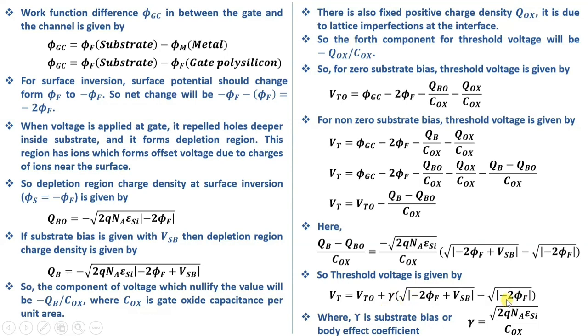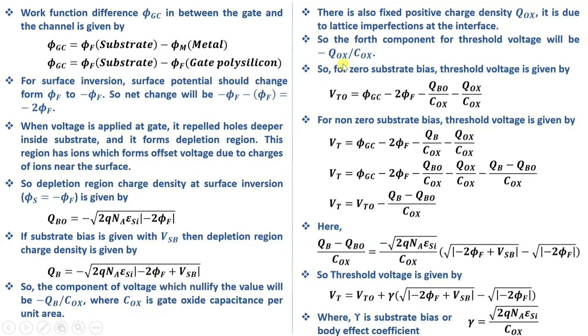So this is all about threshold voltage calculation. I hope that you have understood this video. It is based on four parameters. One is due to the work function difference. Second is due to surface inversion, which requires the surface potential to change from phi F to minus phi F, resulting in a change equal to minus 2 phi F. Third is when you apply gate voltage, there is a formation of a depletion region, and that depletion region forms ions which result in an offset voltage.